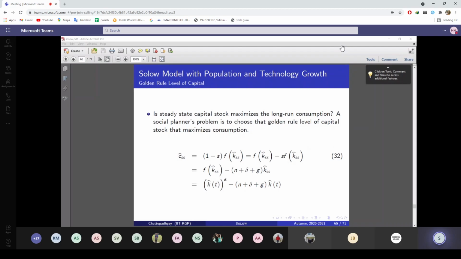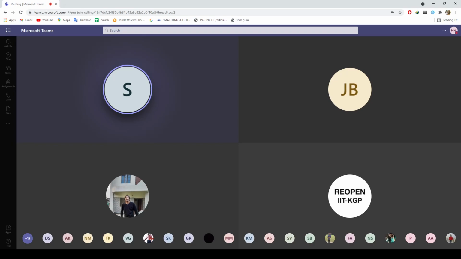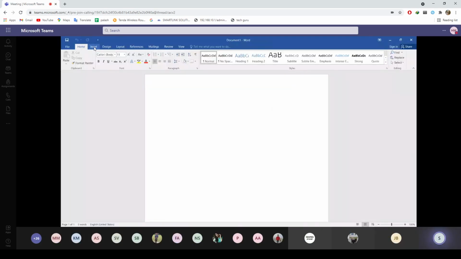How does the fundamental equation change? So let me go to my Word document. Till now, this is what we got.